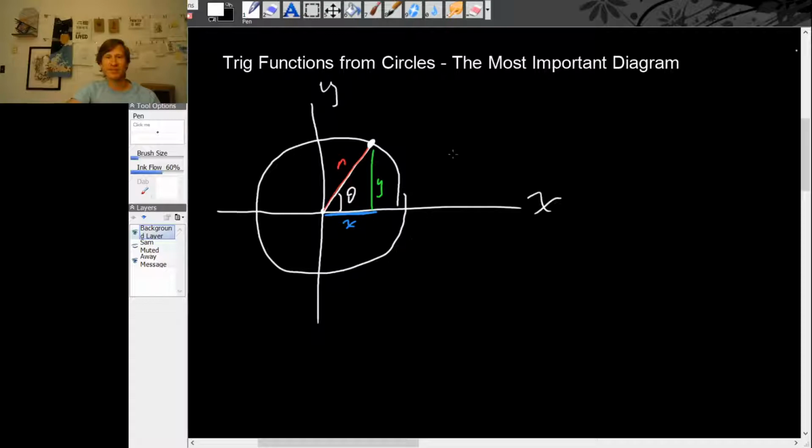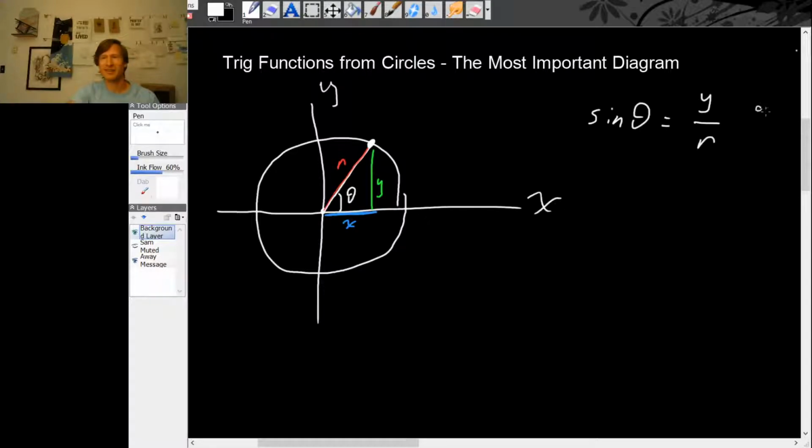Now, using this diagram, you can define what all of the trig functions are. So, for example, sine of theta is the y-coordinate divided by the radius. Notice this is actually the same definition as our right triangle definition, because the side of the right triangle opposite theta is y, and the hypotenuse is r.